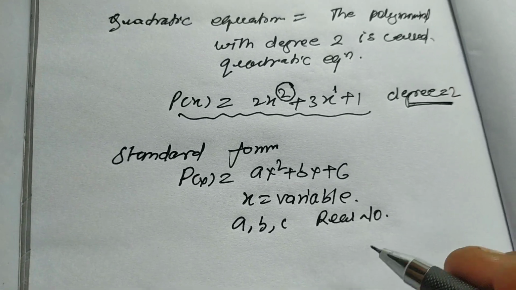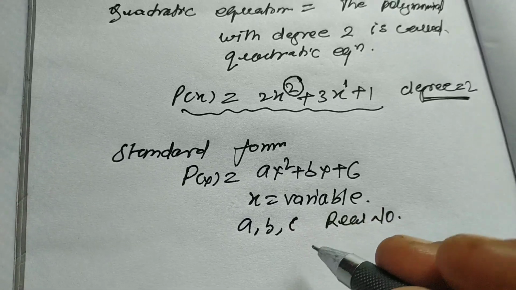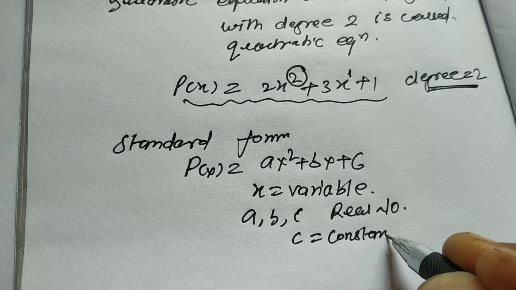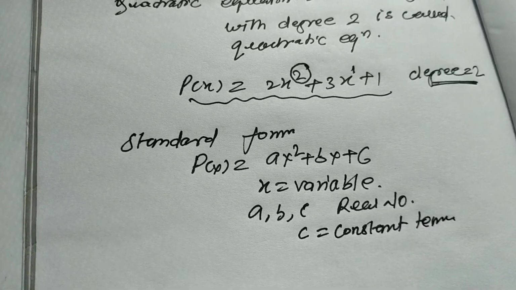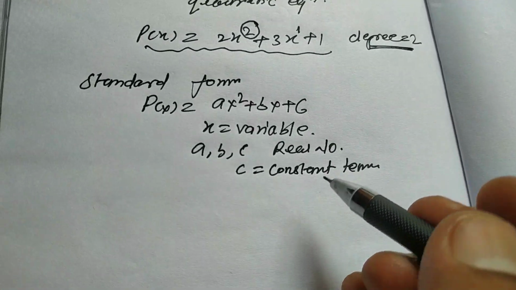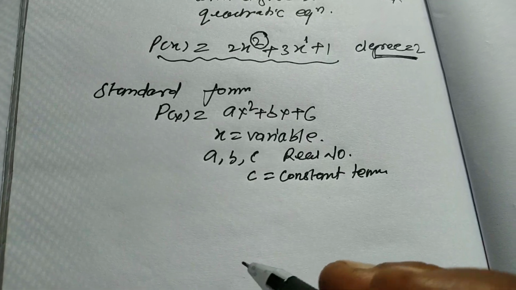In class 10th we have not studied complex numbers, that's why these are real numbers. And c is called the constant term. So there are 3 terms, the maximum number of terms of a quadratic polynomial is 3.